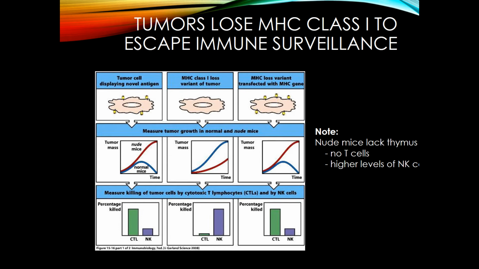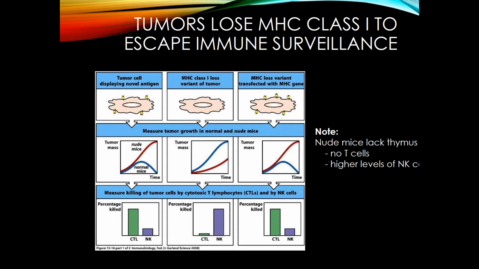Now, if you take that tumor cell and you lose MHC class I, and you make a variant of that, you will see that in normal mice, that tumor mass will get out of control. But in the nude mice, natural killer cells that are present will take over the killing.